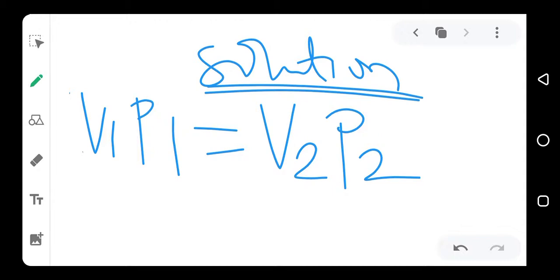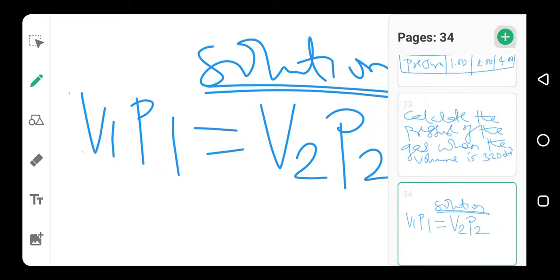We are asked to calculate the pressure when the volume is 3.20. Now here, we can find V1. What we can do is come to the table, pick any particular column, and look for the pressure and the volume there.